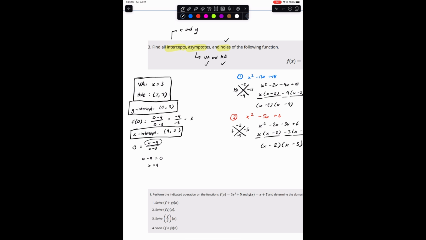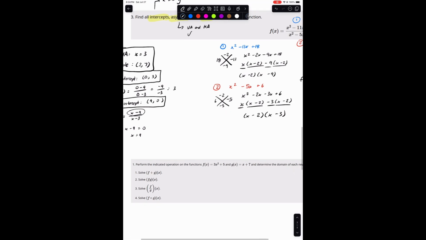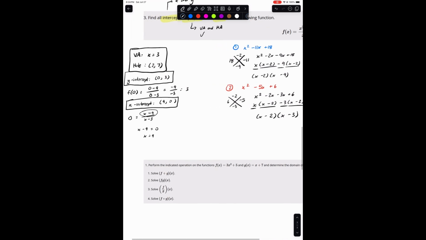So we have the hole and a VA, and the x and y intercepts, right? Last thing we need now is a horizontal asymptote. We have x squared as a leading term on top, x squared as a leading term on bottom. We use HDC. Exponents are the same. Divide coefficients.